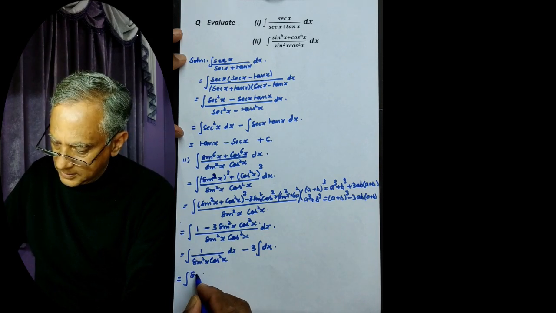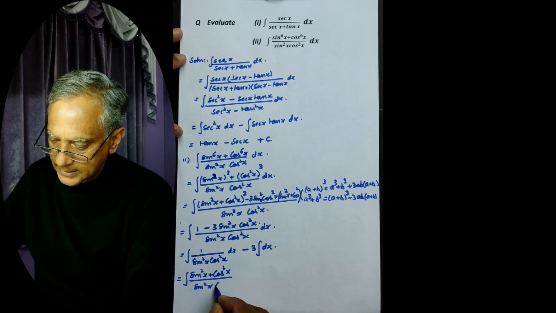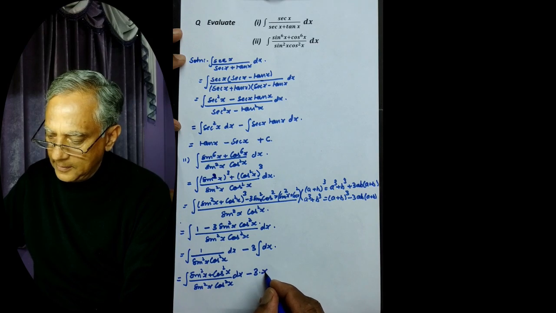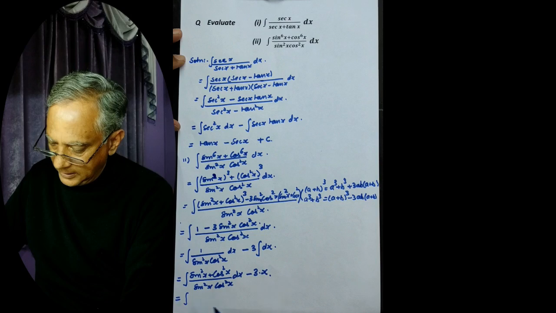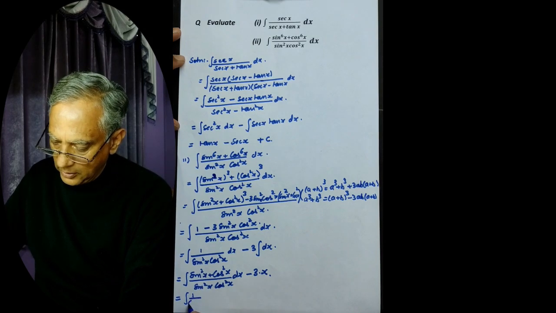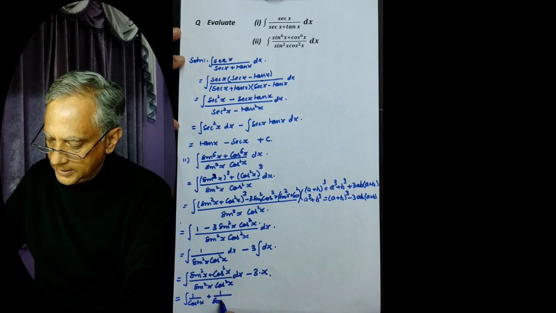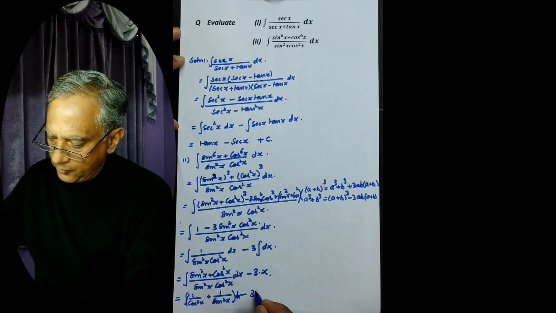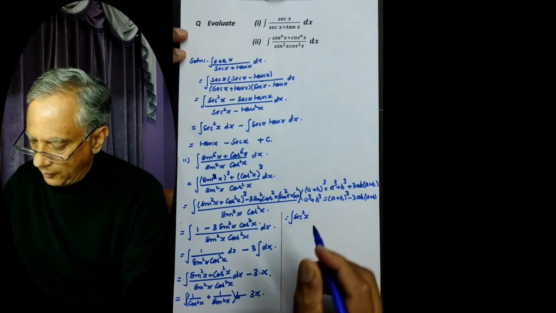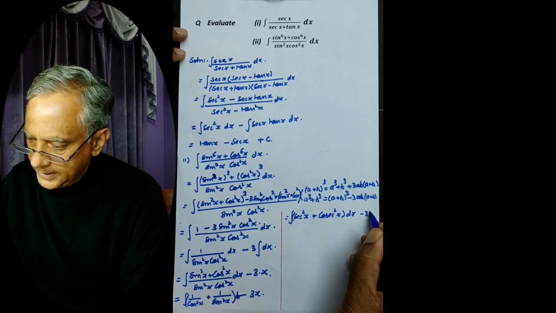I am writing 1 as (sin square x plus cos square x) whole divided by sin square x cos square x dx minus 3 into differentiation of dx is x, and this is equal to integral, now separate these two, sin square and sin square will cancel, we will have 1 by cos square x, and in this term cos will cancel and we will have 1 over sin square x, and this is solved part, we have 3x which is equal to integral 1 over cos square is secant square and 1 over sin square is cosecant square x dx minus 3x.